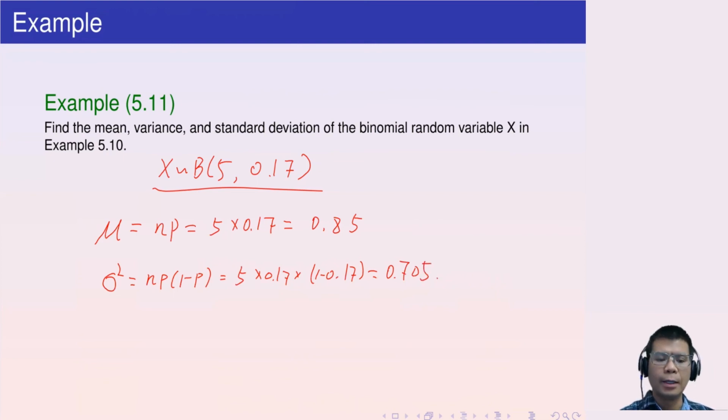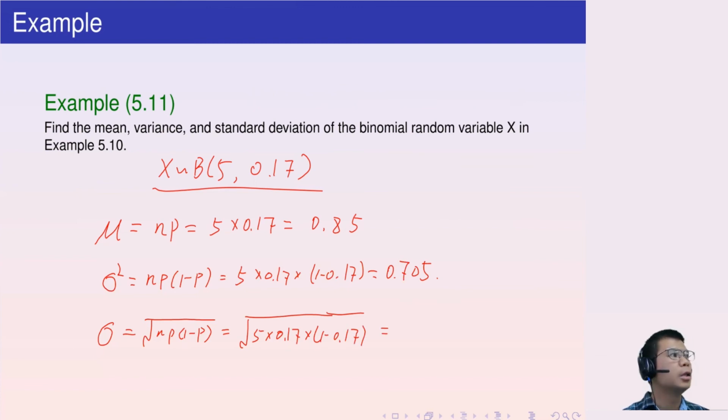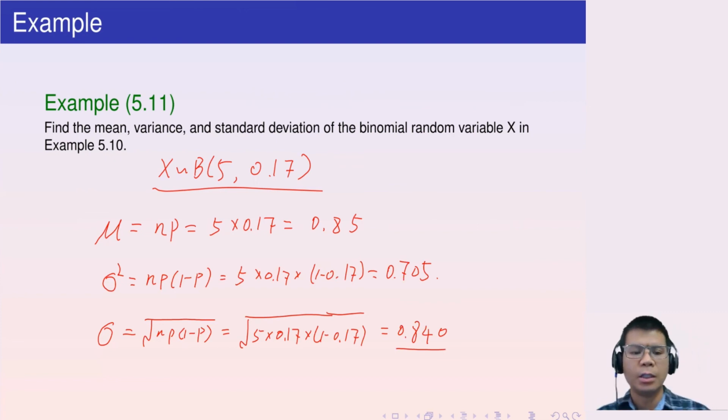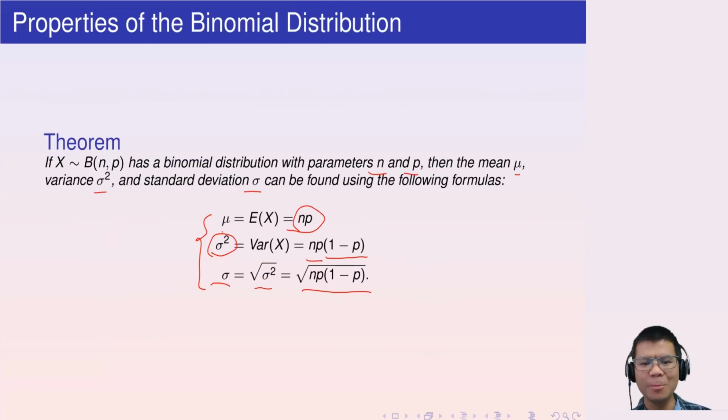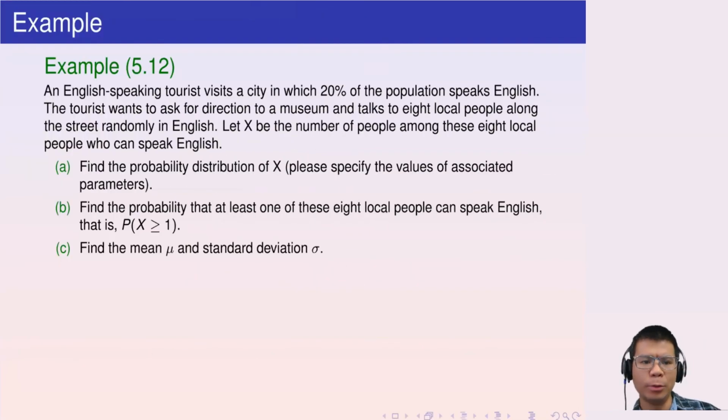And then the standard deviation is simply the square root of np times 1 minus p, so the square root of 5 times 0.17 times 1 minus 0.17, which equals 0.840. So you can see that using the formulas, we can easily find the mean, the variance, and the standard deviation. So you better memorize these formulas. Now consider another example.